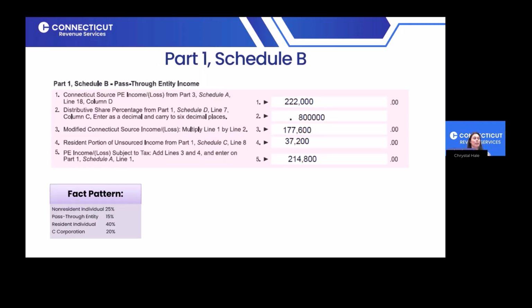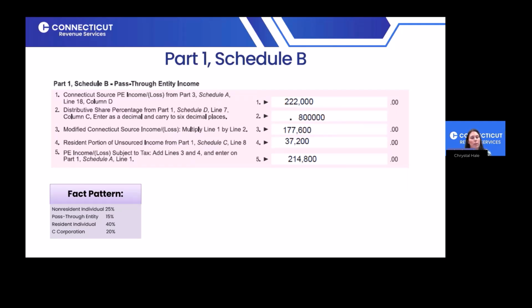So now we're going to take that $222,000 and apply the distributive share percentage for our taxable members, who would be taxed in the pass-through entity tax. As you can see, it's only 80% because C corporations are not included in this calculation. So we have a C corporation with a 20% distributive share. So we're only including the non-resident individual, the pass-through entity, and the resident individual.